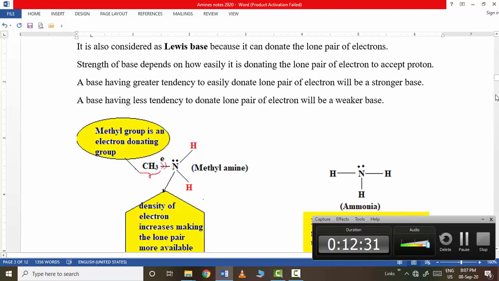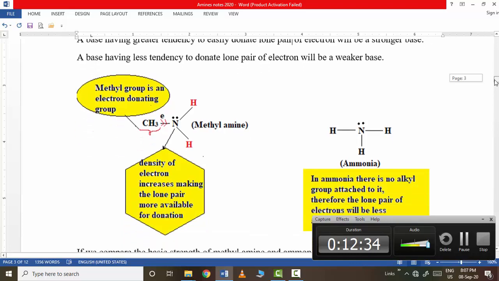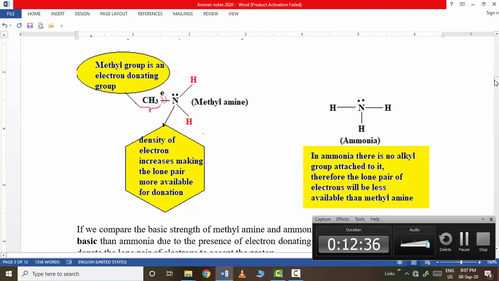The concept is going to be clearer if you look at these two substances, methylamine and ammonia.